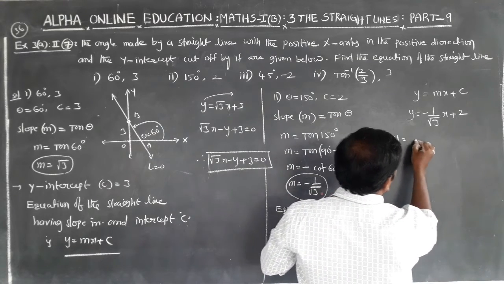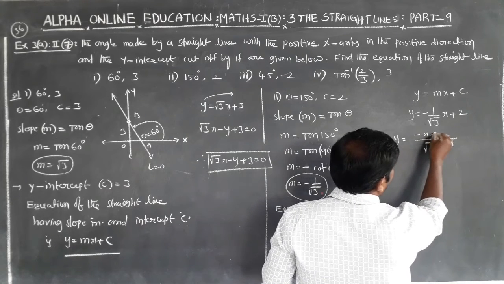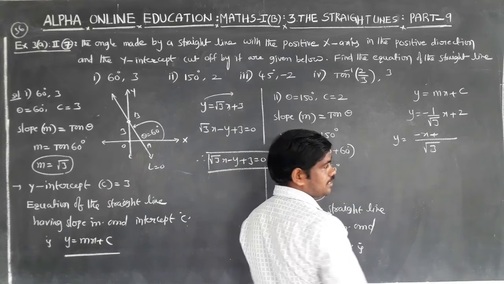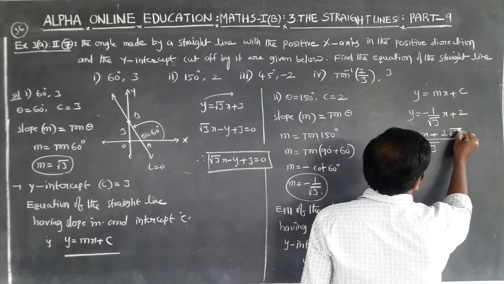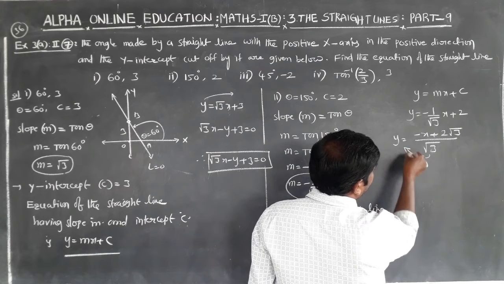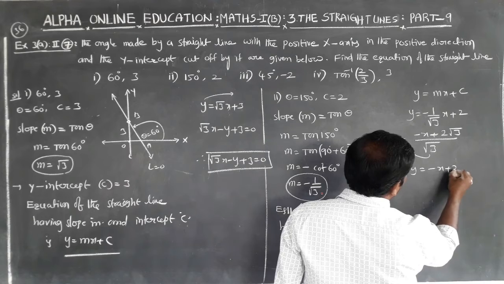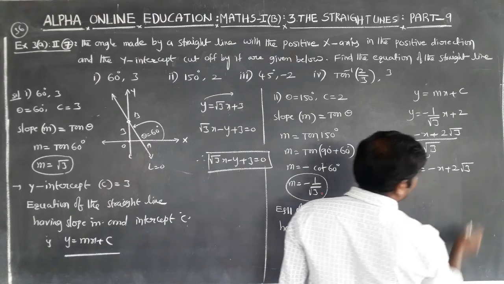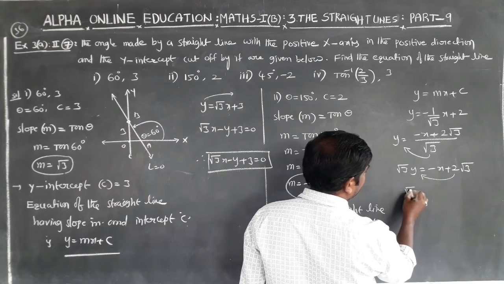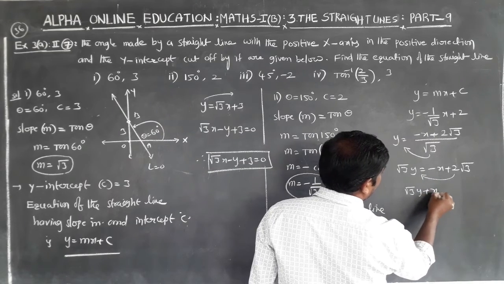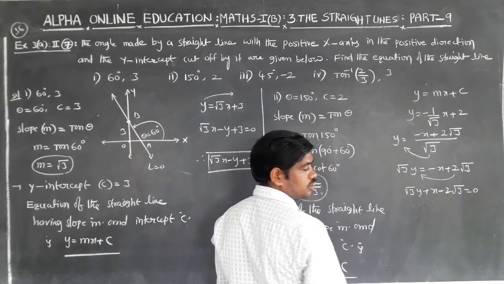Here taking root 3 LCM, root 3y is equal to minus x plus 2 root 3. Taking minus x plus 2 root 3 left side, root 3y plus x minus 2 root 3 is equal to 0.